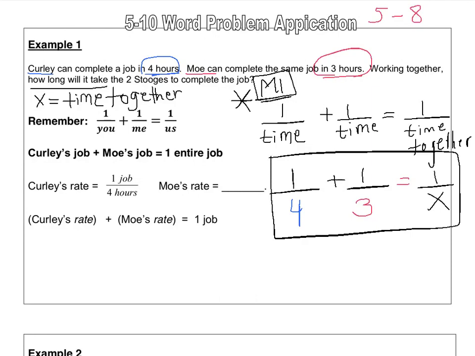Now how to solve it, this is lesson 5.8. There's another way to do that, so this is going to be method 2. You can choose any method that you like, and they're both the same thing.